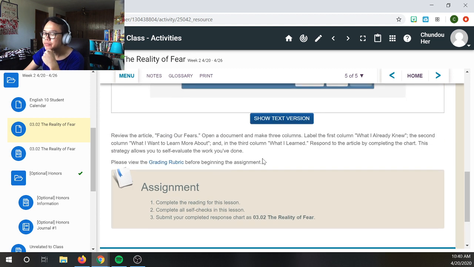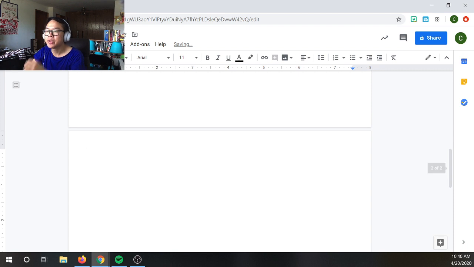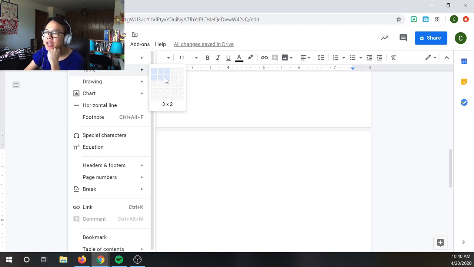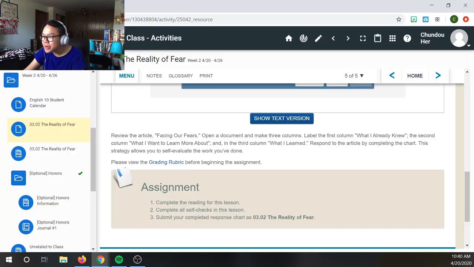Cool. The way that you can make this is pretty simple. If I go over here, I'm just going to go to a new page. You can actually just do this by doing a table. If I just had a table, what are the things that I need to put on there? What I already knew.